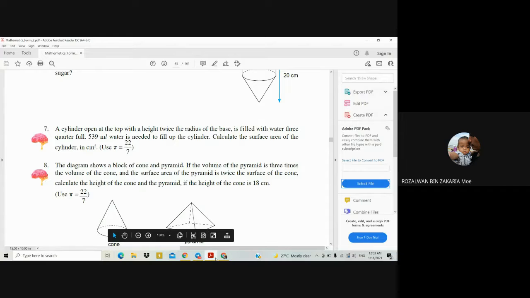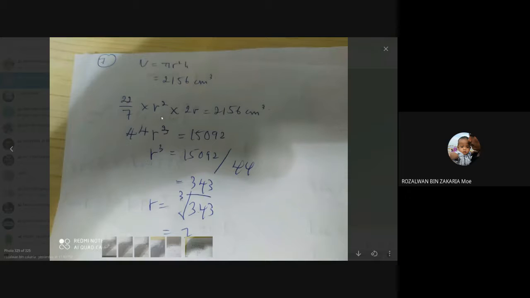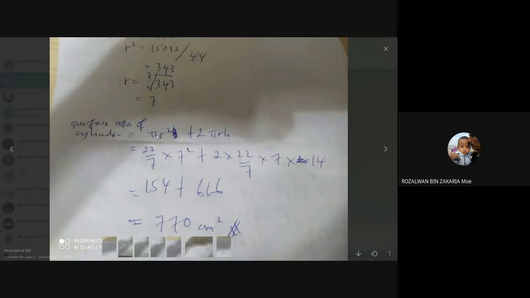So that's why this formula will become like this. It is equal to pi r squared, because no need to put 2 here. Just pi r squared, because the top of the cylinder doesn't have a cover.